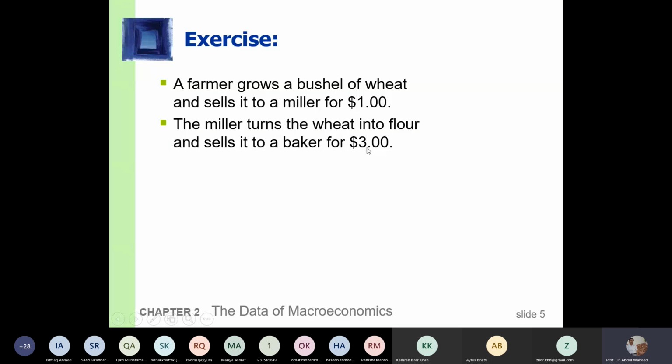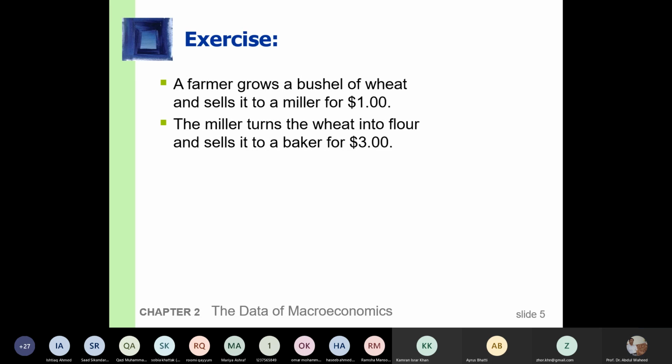So the value added would be how many dollars? $2. Because you purchased wheat for $1, then you converted wheat into flour, and you are selling this flour to the baker for $3. So your cost is $1, and you are getting $3.